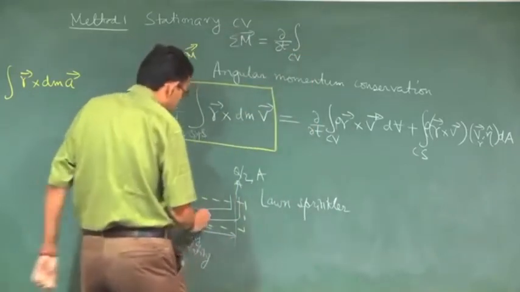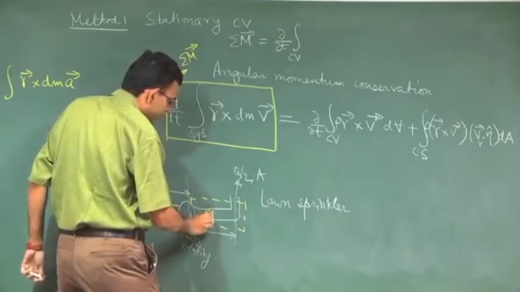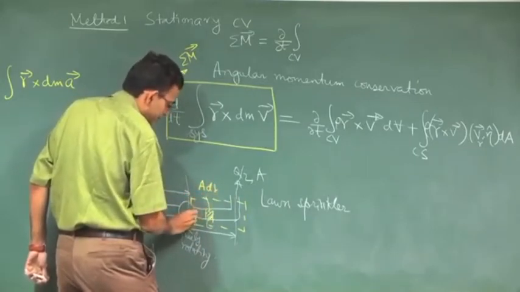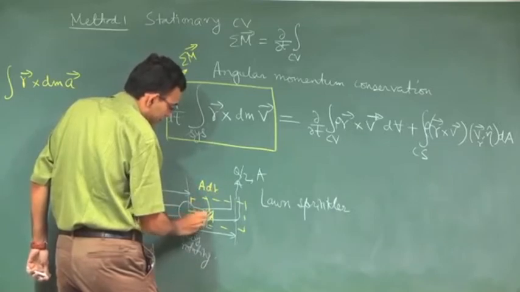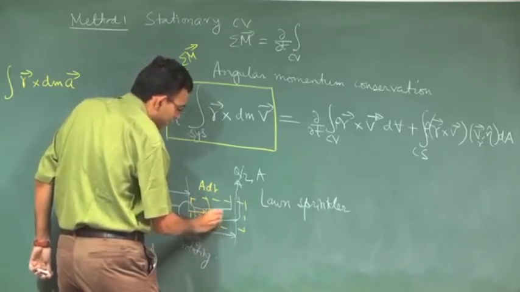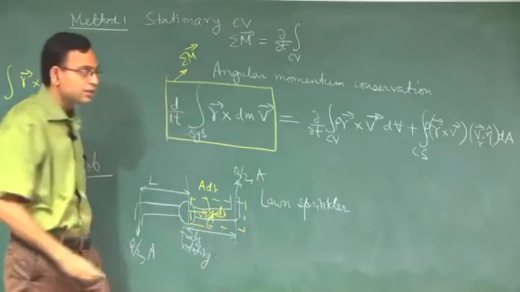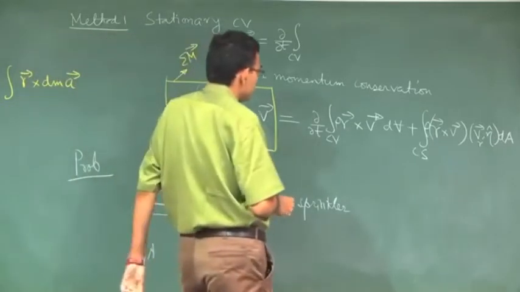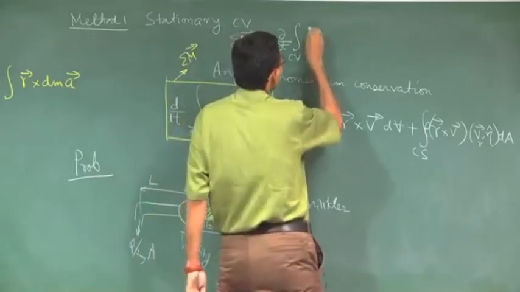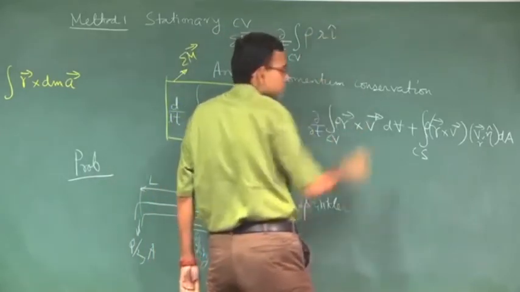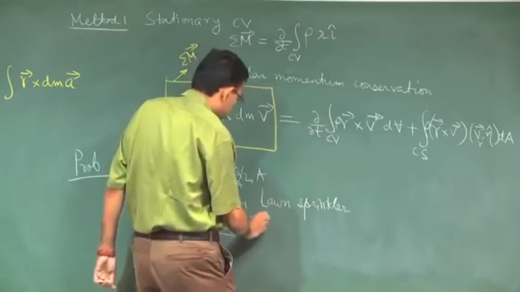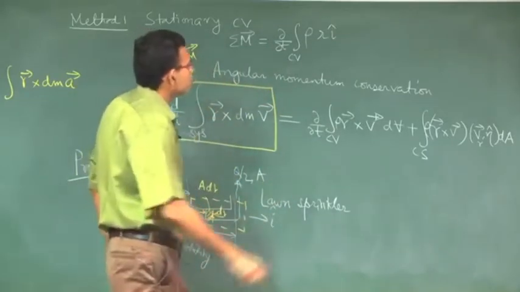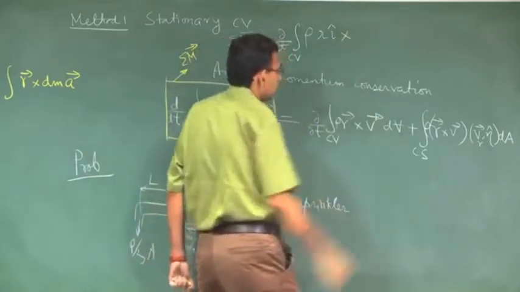so if you take a small element dV, this is what? This is A dr. At a radial location r, if you take a strip of width dr, so dV is A dr, so we can write r is R i, so this is the unit vector along the x axis, cross, what is V?